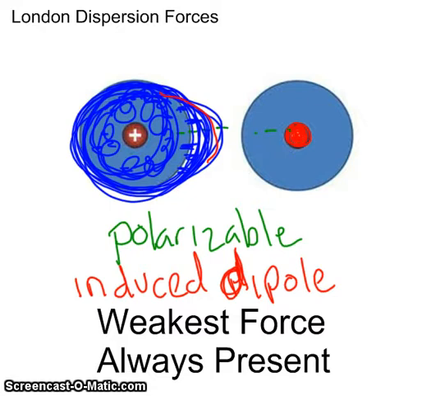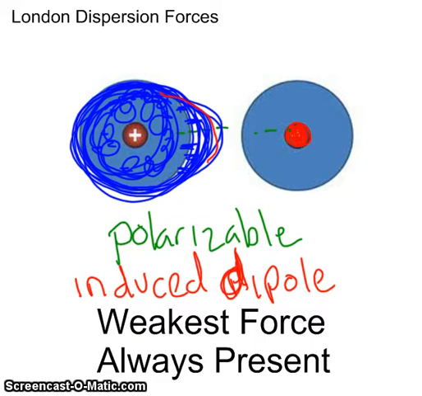So what controls the size of the positive and negative charges here? Well, it's only the negative charges that we really worry about in terms of polarizability. What's going to make that electron cloud more polarizable? The bigger it gets. The bigger it is, the more likely it is to be polarizable.